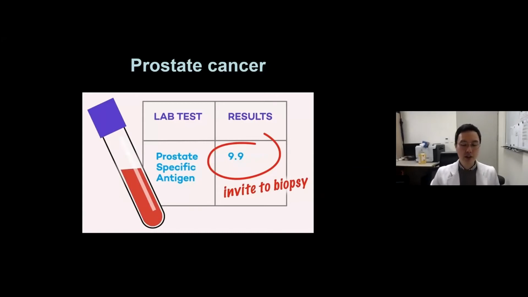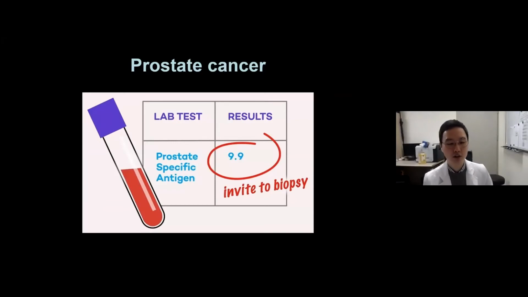And actually the function of the PSA is the liquefaction of semen, and so to allow sperm to swim freely. However, it also can be excreted into the serum in a very small amount. And this can be indicative of some pathologic process in the prostate.